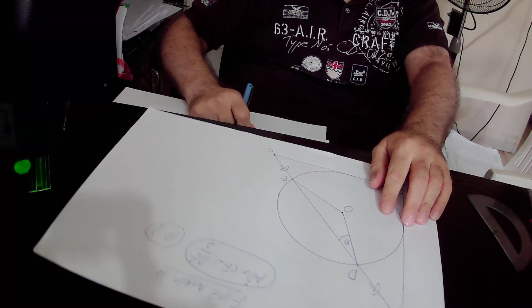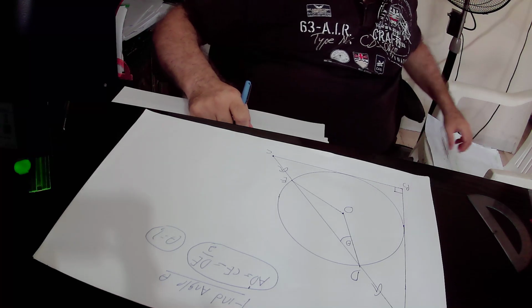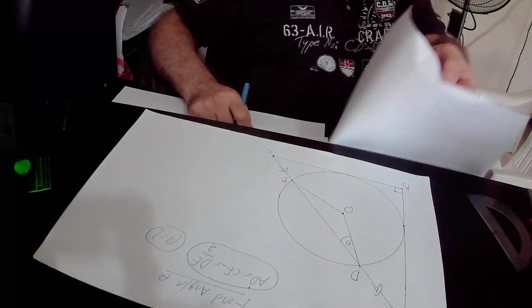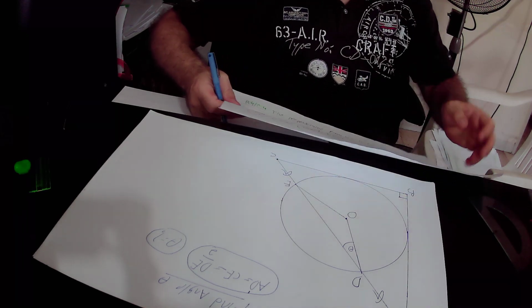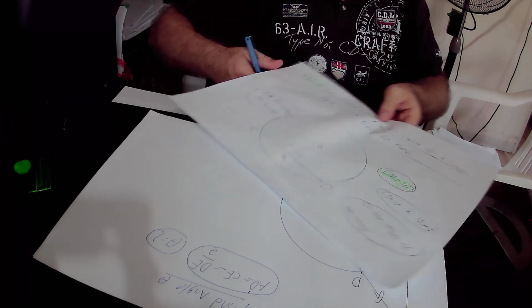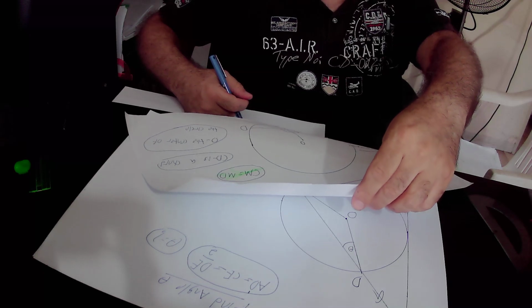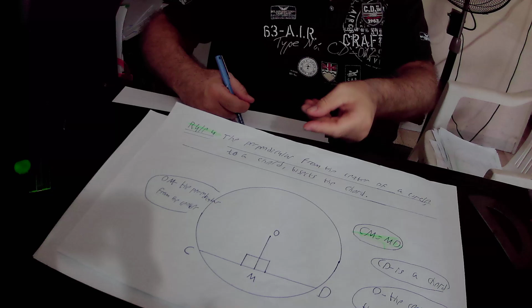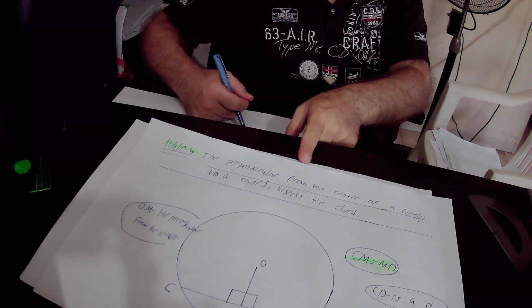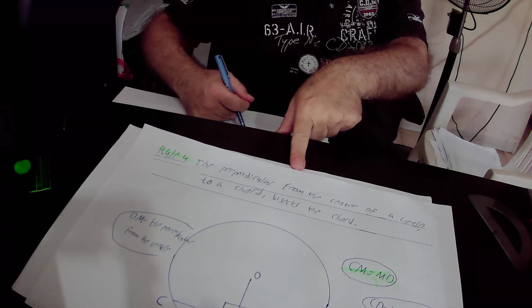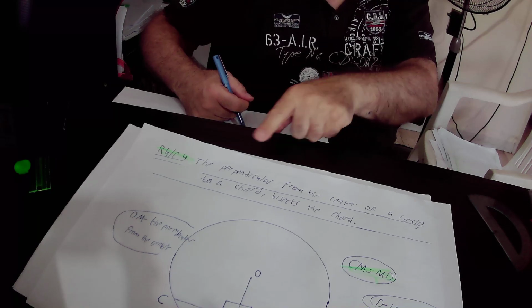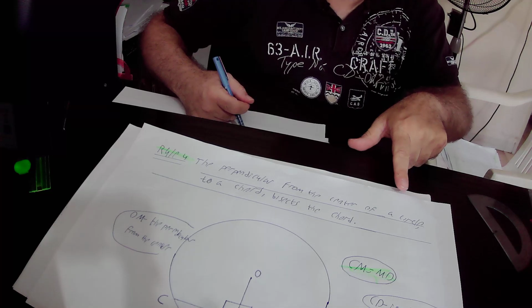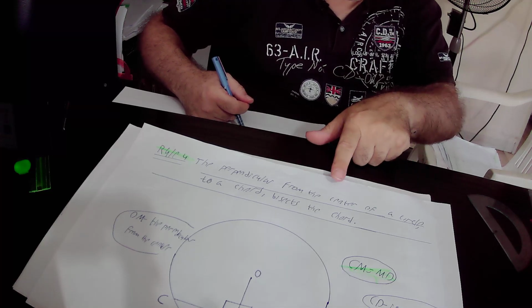Okay, here we also have rule number 4. According to rule number 4, the perpendicular from the center of a circle to a chord bisects the chord.